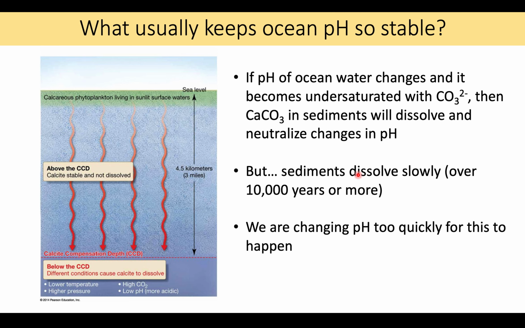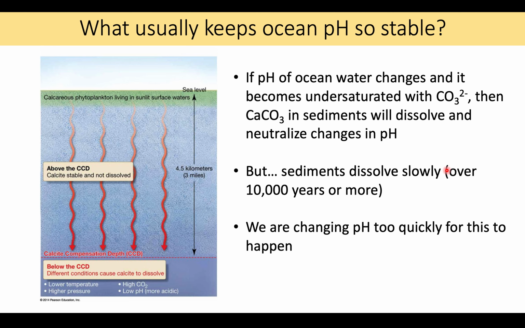However, this happens very, very slowly. In the past, the ocean has not changed in pH very quickly, so this dissolving of sediments has been able to allow the ocean to stay at a very stable pH.